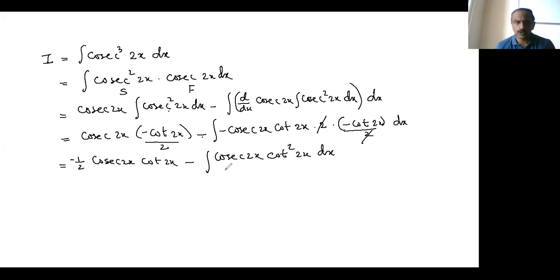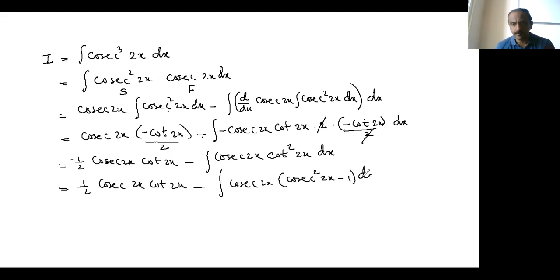So this cot square 2x I'm going to replace by cosec square 2x minus 1 into dx. So that became 1 by 2 into cosec 2x cot 2x minus integral cosec cube 2x.